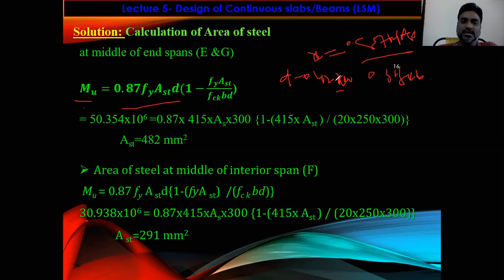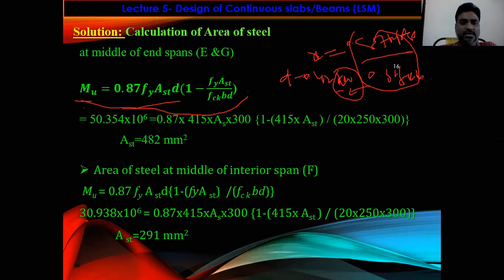Here xu is unknown, and Ast is also unknown, so I would like to write xu in terms of Ast. This equation is substituted here, and if you simplify, the overall equation will be like this. From this equation, everything is known except Ast. So determine the area of steel required wherever you want.